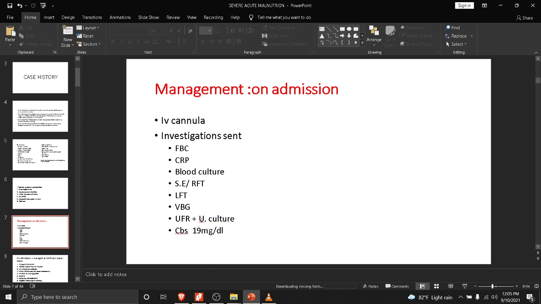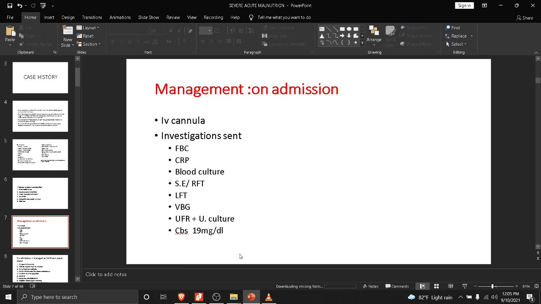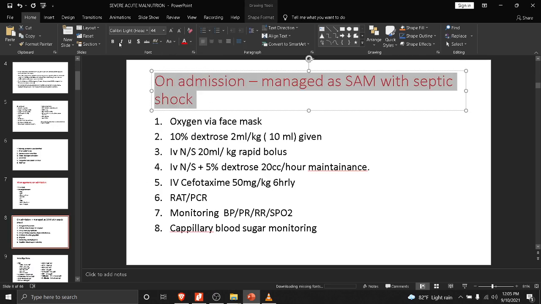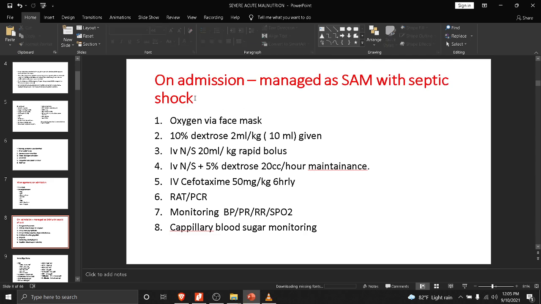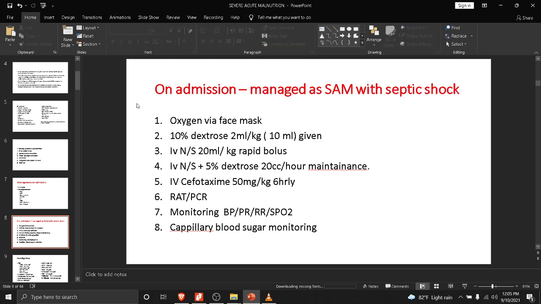Here I summarize what we did at the ward. We gave oxygen via face mask. Even though the child had good saturation, as he had low blood pressure and was drowsy, we put oxygen via face mask. The child was hypoglycemic, so we gave 10% dextrose 2 ml per kg, 10 milliliters according to the child's weight. Then normal saline 20 ml per kg rapid bolus was given.